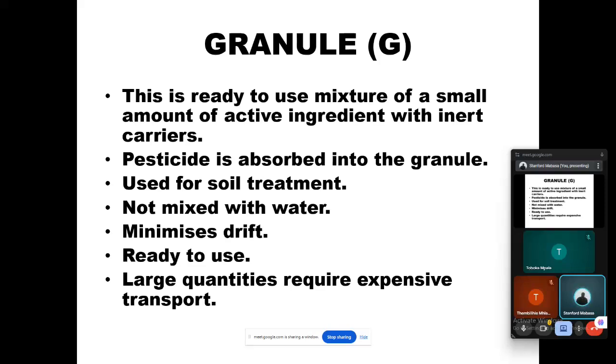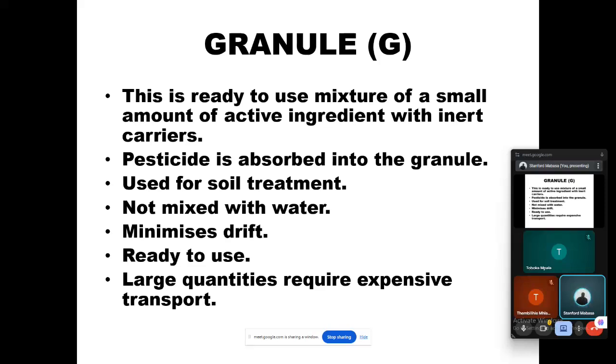At some point, we used to have a granule atrazine, which was brown in color. You didn't require a sprayer for this. I've actually used it. You could just broadcast it as if you are putting fertilizer. After that, if it rains, then the atrazine would start killing the weeds.